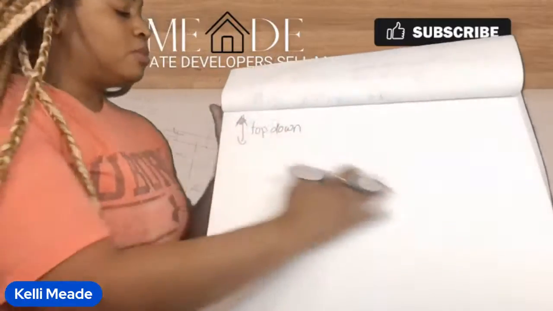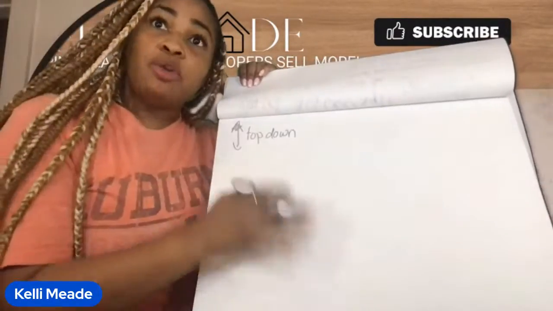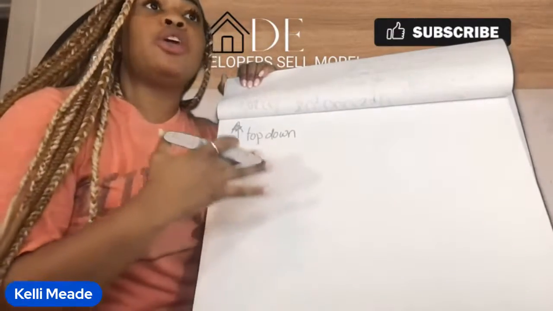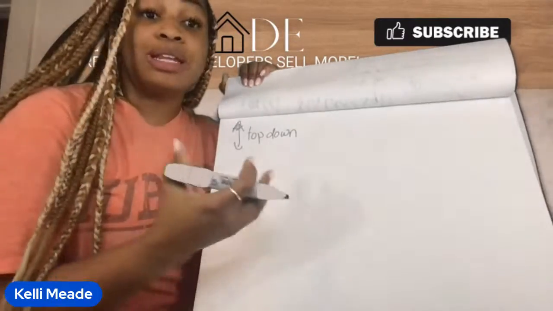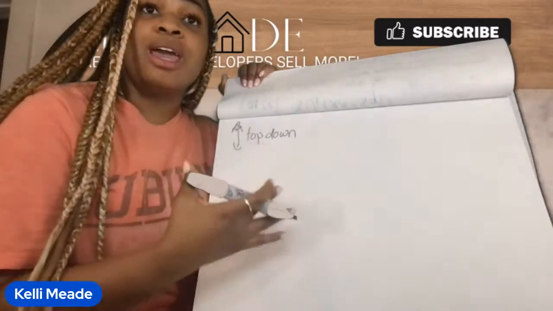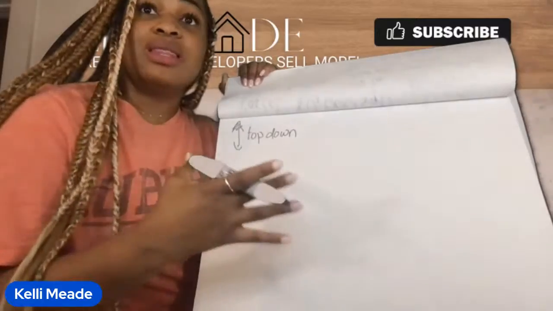All right. So, top-down approach. Let's say that you have identified a piece of land, you've been in contact with the owner of the land, and it fits something that you're looking to do. Let's just say you're looking to build out a subdivision, and the land, the size, the amount of houses that you can build, fits in that scope of work.